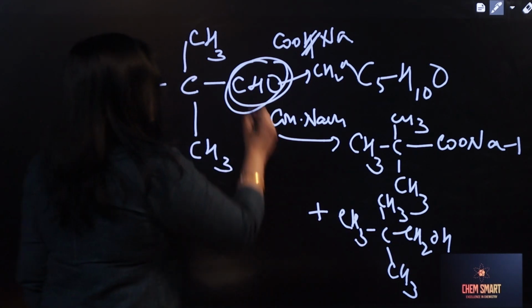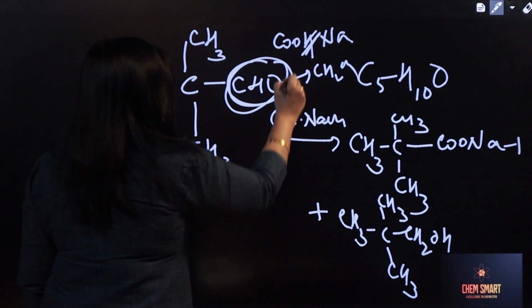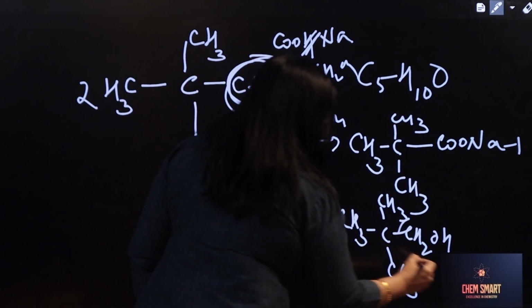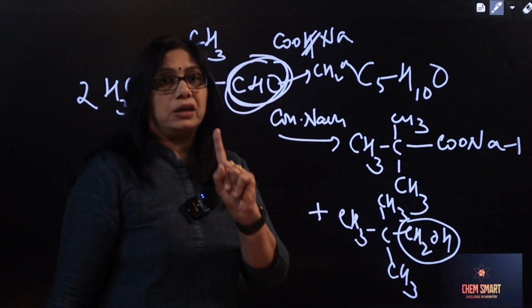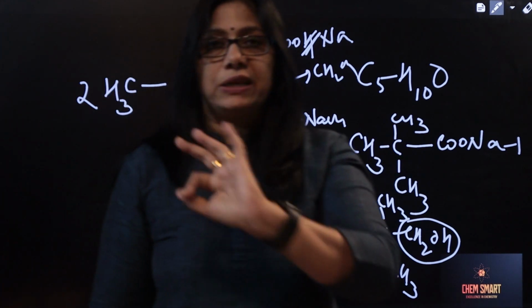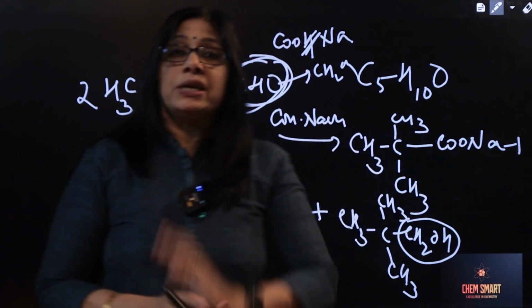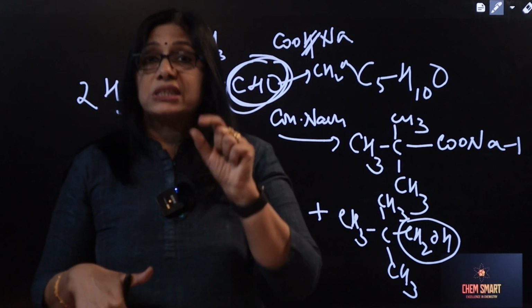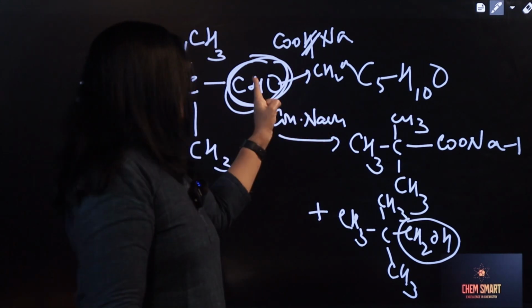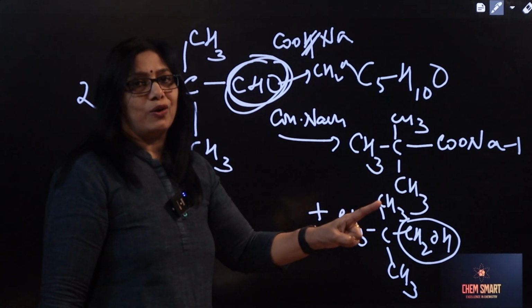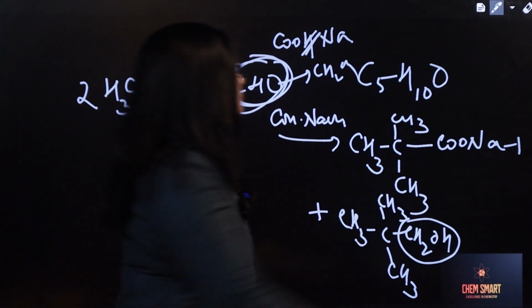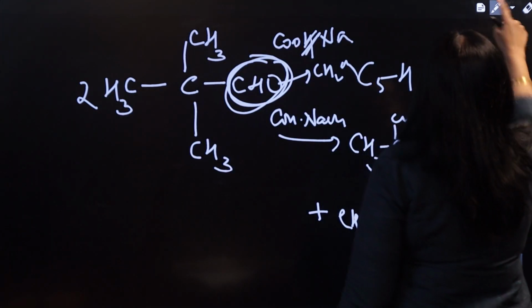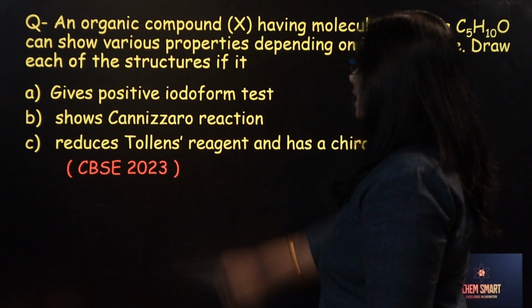So register that CHO will change into CH2OH. Register it well. Not that CHO is replaced by OH. CHO is getting reduced to CH2OH. Aldehyde getting reduced to primary alcohol. Clear? Okay. So this is the part B answer.